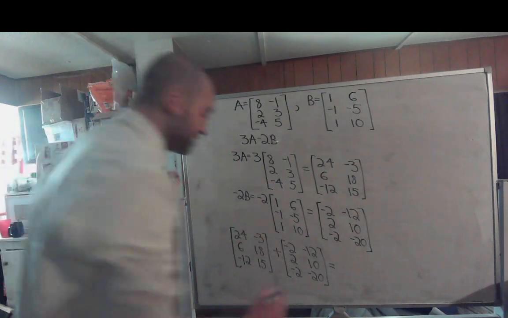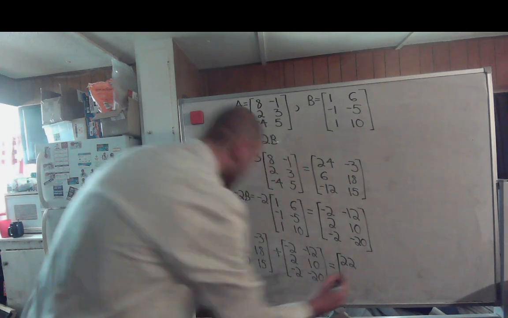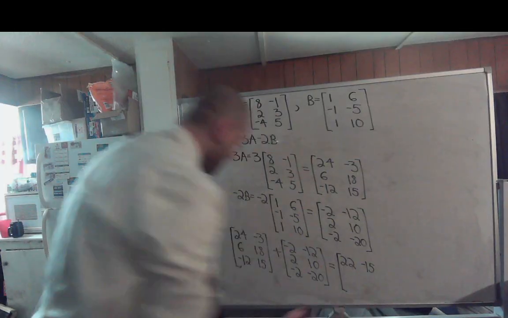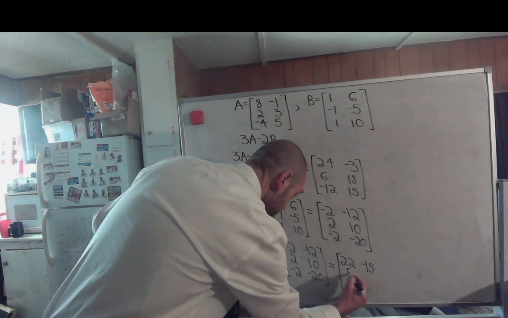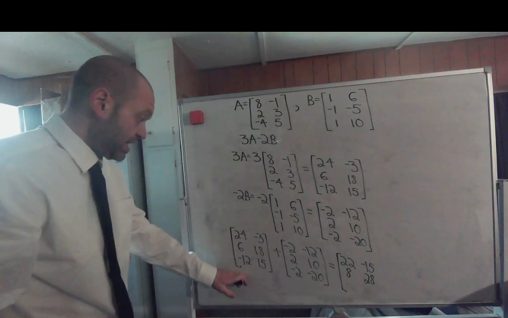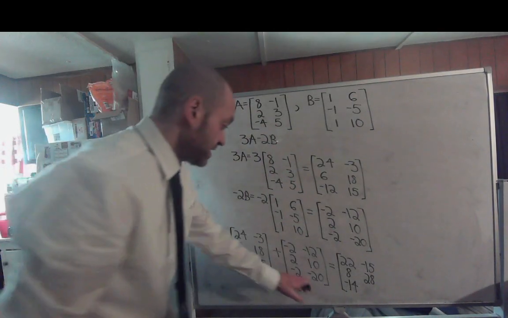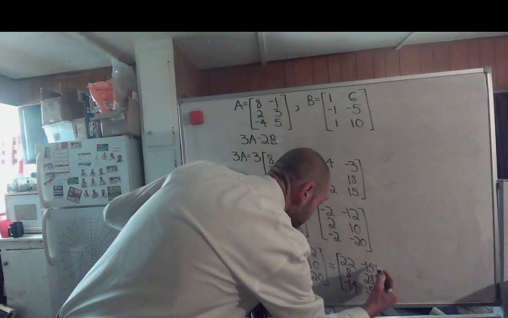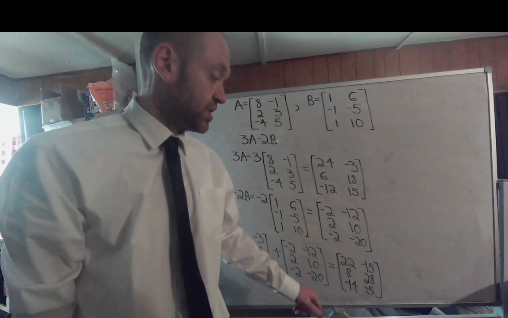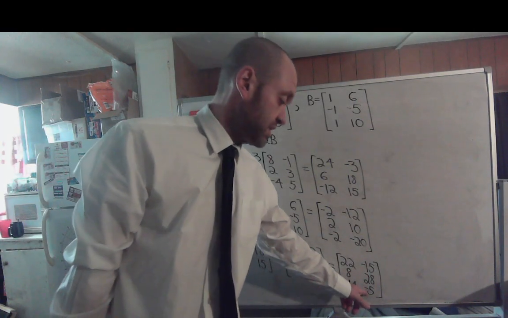So 24 minus 2 is going to end up being 22. And then negative 3 minus 12 is negative 15. 6 plus 2 is 8. 18 plus 10 is 28. Negative 12 minus 2 is negative 14. 15 minus 20 is negative 5. So the result of doing 3A minus 2B should be the matrix with entries 22, negative 15, 8, 28, negative 14, and negative 5.